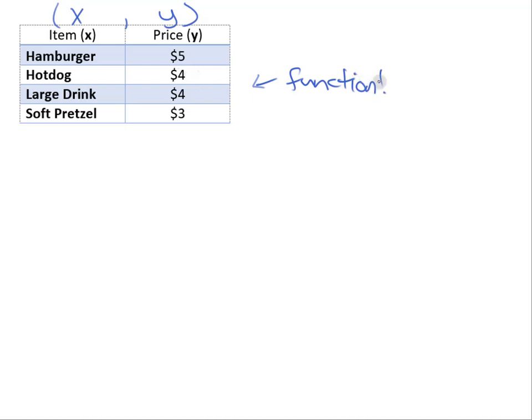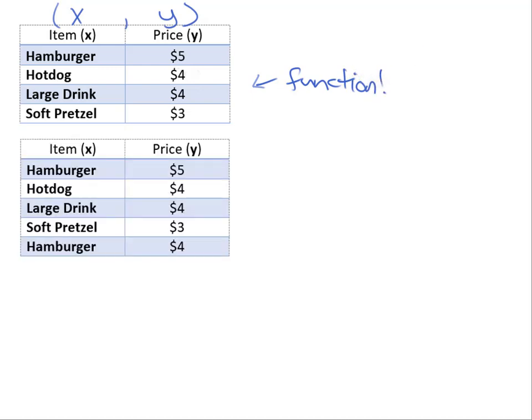Okay, let's take a look at a second one. Here's a different menu board. It's pretty much the same, except down below we've now added hamburger again with a second price, $4 rather than $5. Is it okay for them to be charging some people $5 for a hamburger and some people $4 for the same exact item?